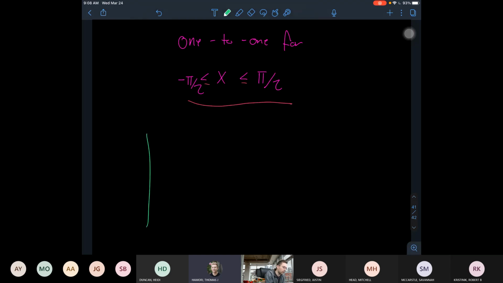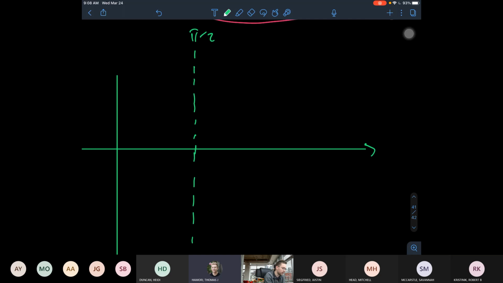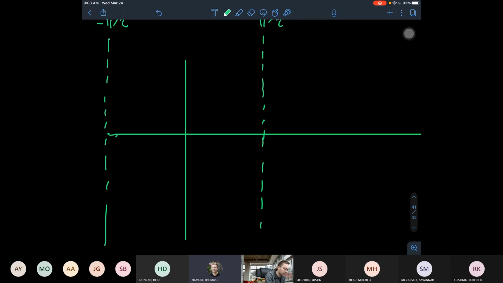Well, if we look at the graph of this, here is pi over 2, and here is negative pi over 2. And we look at what sine looks like in this region. It starts at 0 and then it comes up to 1. And then it goes down to negative 1.